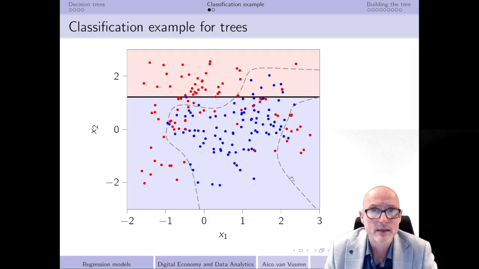The idea was that all the points within this area should be predicted to be blue. And all the other points, in this left area and also in this right area, should be predicted to be red. That is the optimal predictor that we have seen from the previous video.